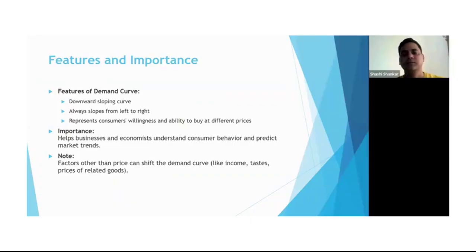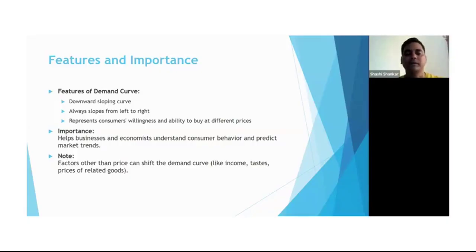It has different points at which the price is set, and according to those different prices, the willingness and ability of consumers to buy a specific product is represented in the different dots.